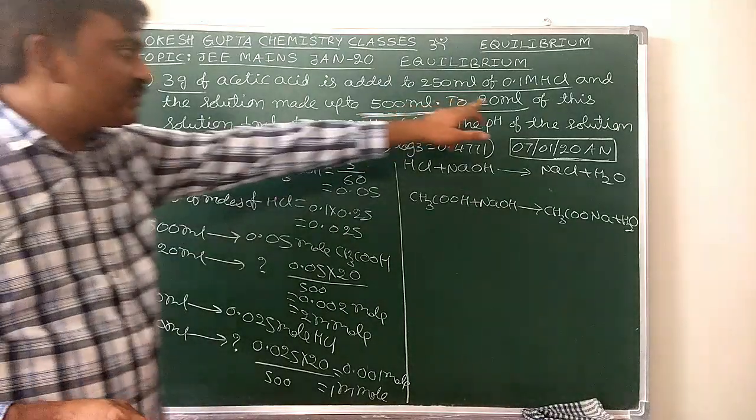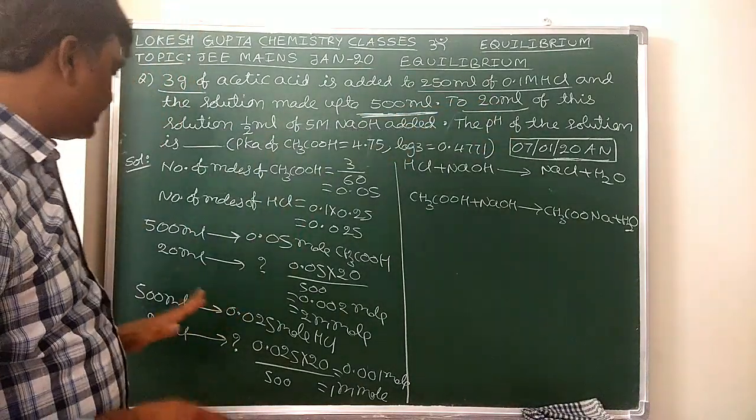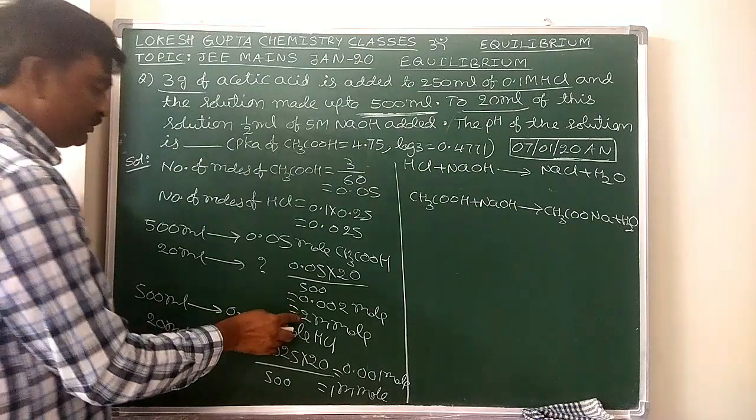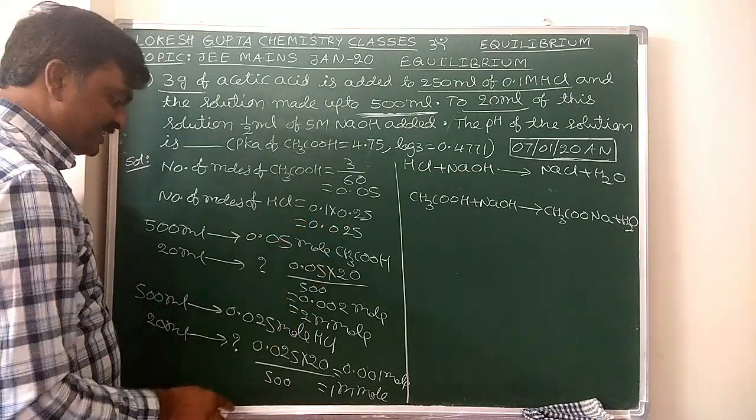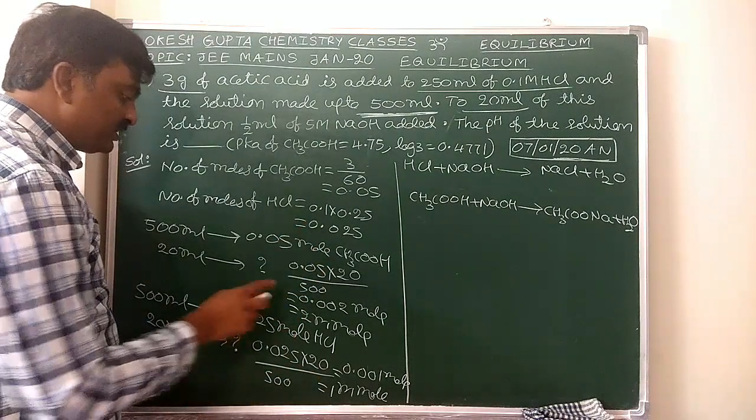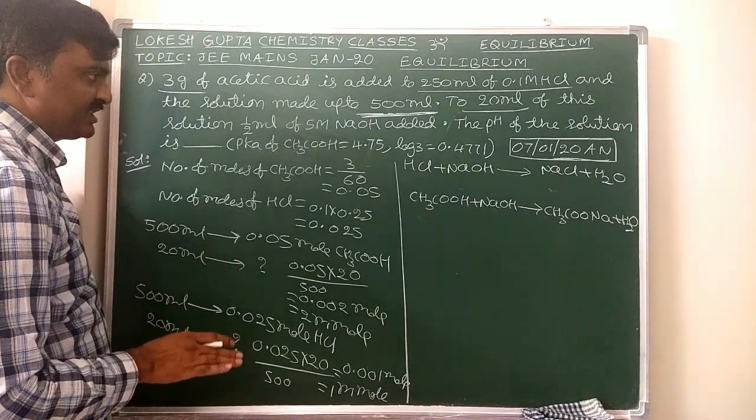So in this 20 ml of the mixture, 2 millimoles of weak acid acetic acid and 1 millimole of strong acid HCl are there.